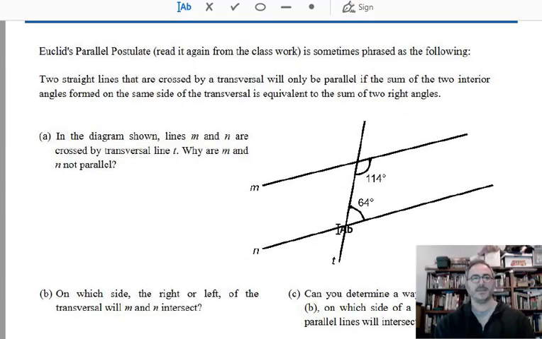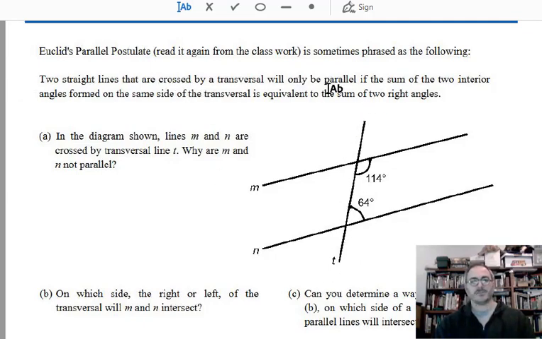Flipping our pages possibly. We have two straight lines that are crossed by another line. When two straight lines are crossed by another line, we call this line here a transversal. Okay?